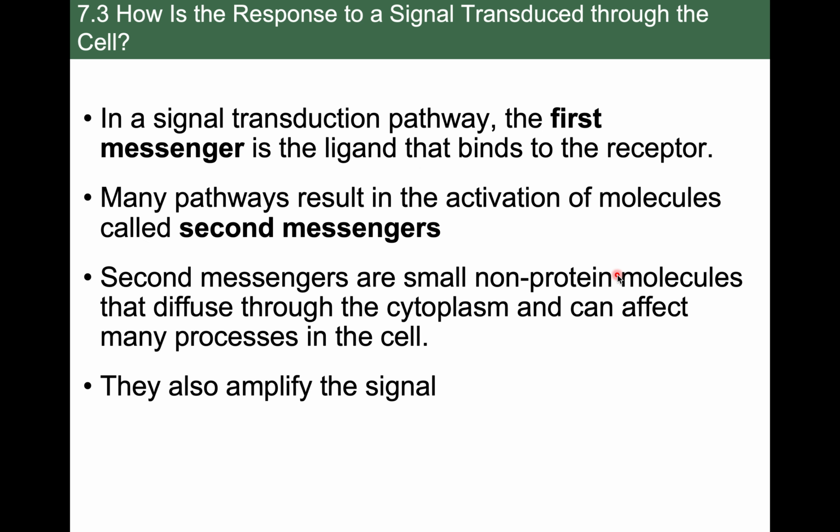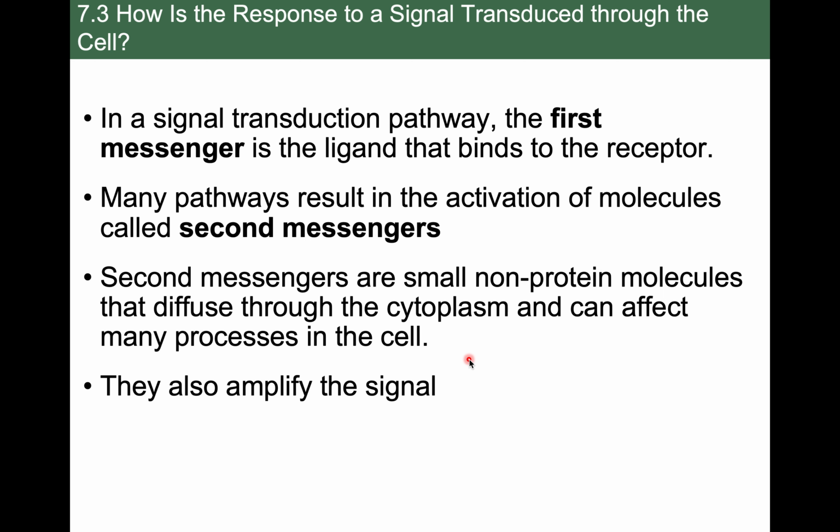So all these examples we've talked about so far, the ligand, the signaling molecule, would be considered the first messenger in this pathway. It is bringing the signal to the cell, binds to the receptor, and triggers this whole relay race. But what I want to talk about in the second half of chapter 7 is what are called second messenger molecules. By definition, these second messengers are always small non-protein molecules that are found inside the cell.